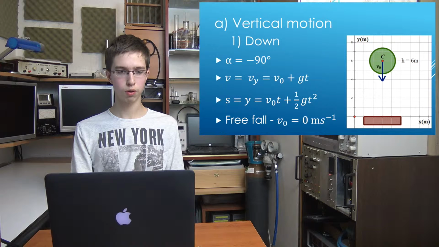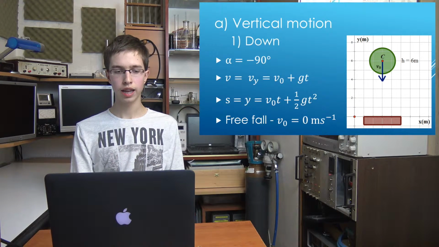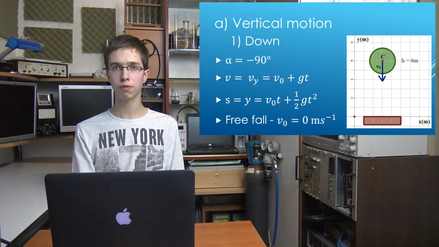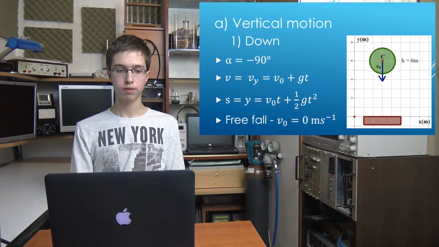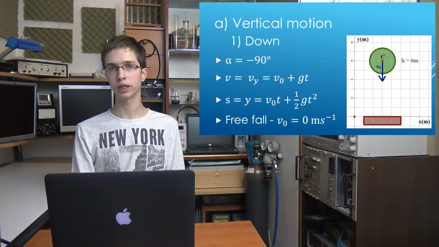And we also have a formula for distance, which is also in the y-axis direction. And finally, free fall is a special case of vertical motion down, when the body falls by itself, so it doesn't have an initial force that acts on it, so it doesn't have zero time velocity, this starting velocity is equal to 0 meters per second.